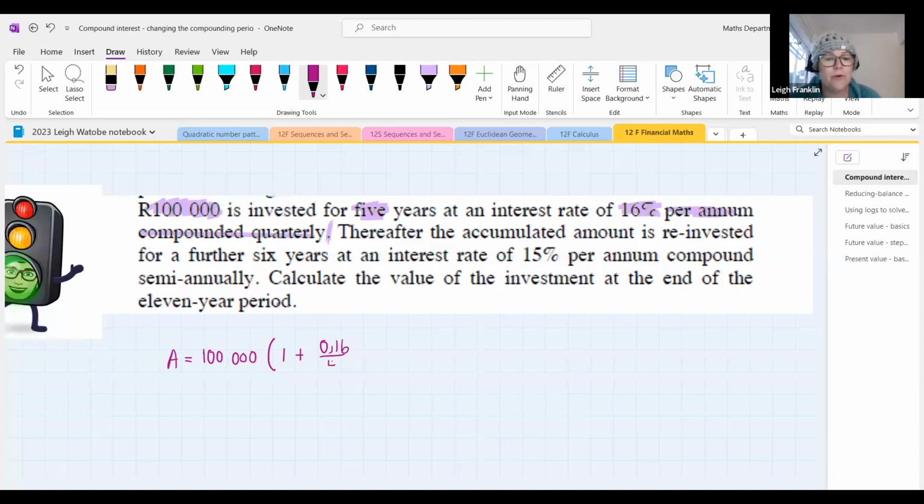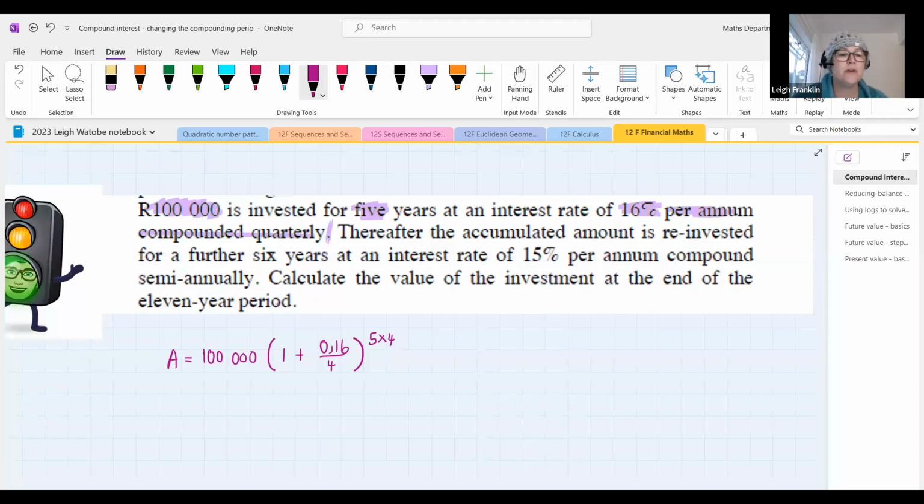Lovely. Beautiful. Over 4, and then closed bracket, then 5 times 4. Excellent. Okay. Well done, Ntokozo.